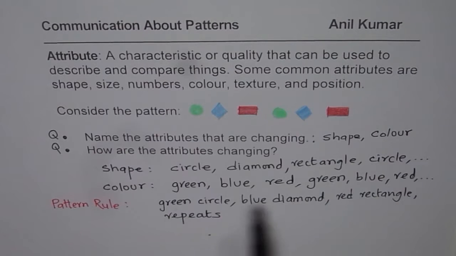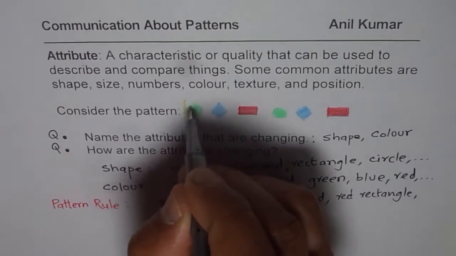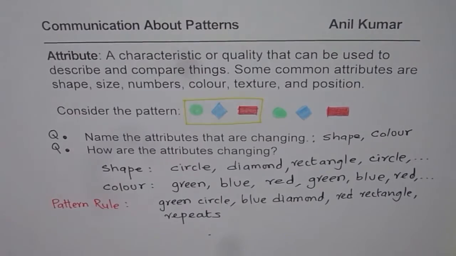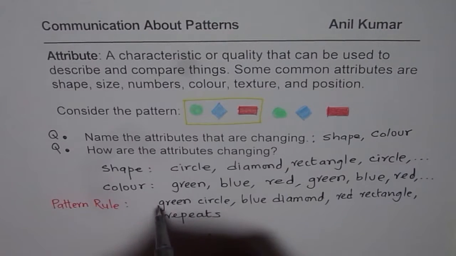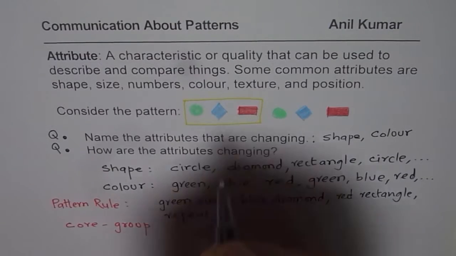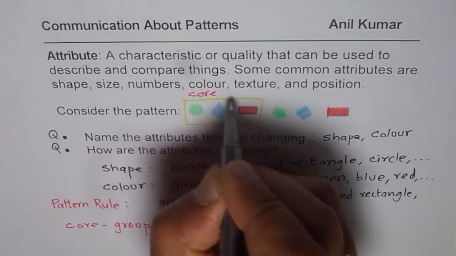So that group repeats. And whenever we say this repeats, then these three things which are repeating could be referred to as core group. I'll introduce that to you later, but I can write it down here. So whatever repeats is called core group.